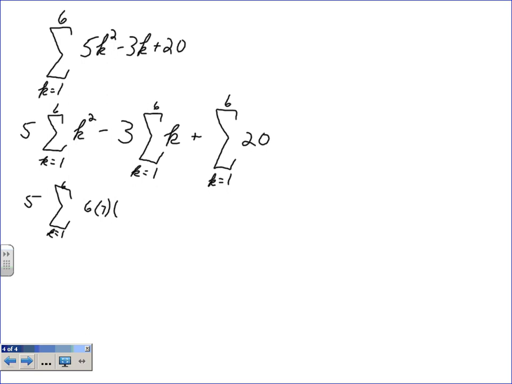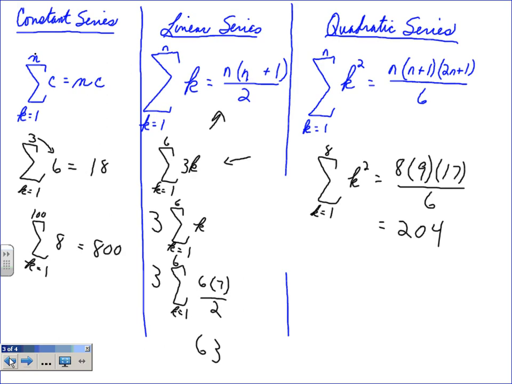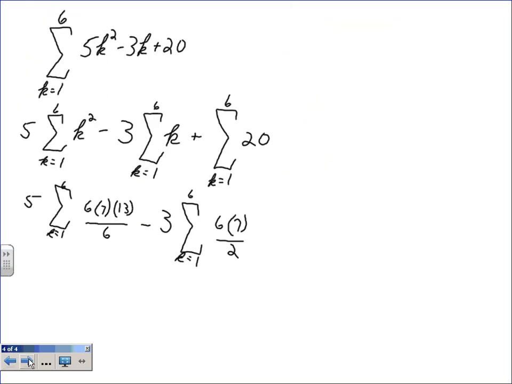Remember 2n plus 1, 2 times 6 is 12, 12 plus 1 is 13, over 6, minus 3 times n times n plus 1 divided by 2. That's our linear formula. Plus, here I can just multiply 6 times 20.